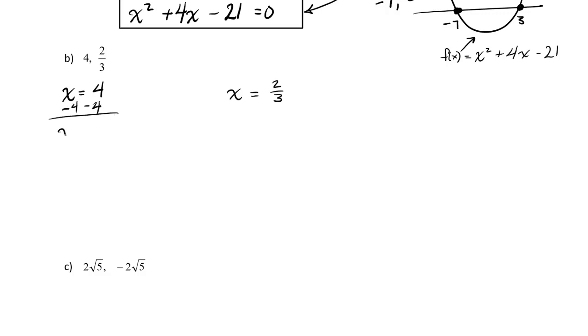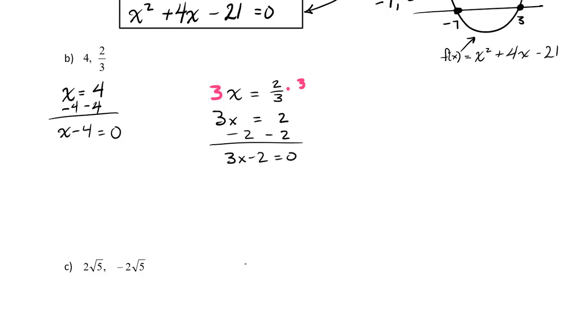Subtract 4 from both sides gives me x minus 4 equals 0. On this second one, notice I have a fraction, so I'm going to clear the fraction first. By multiplying by 3 on both sides, this gives me 3x equals 2, and then subtract 2 from both sides, giving 3x minus 2 equals 0.